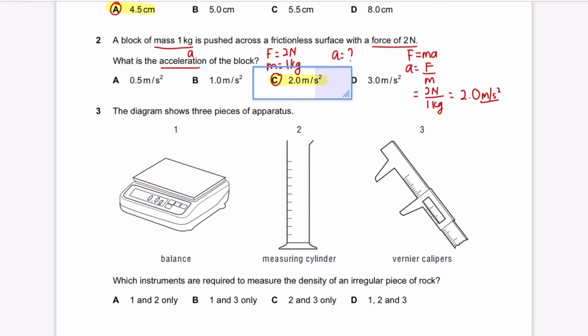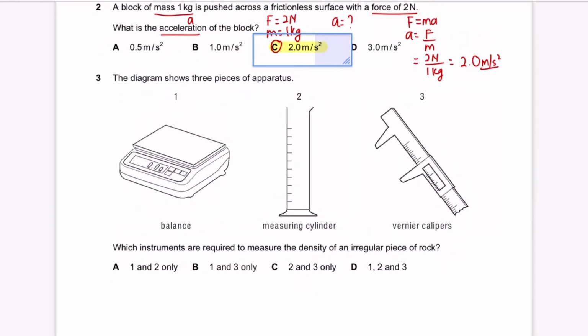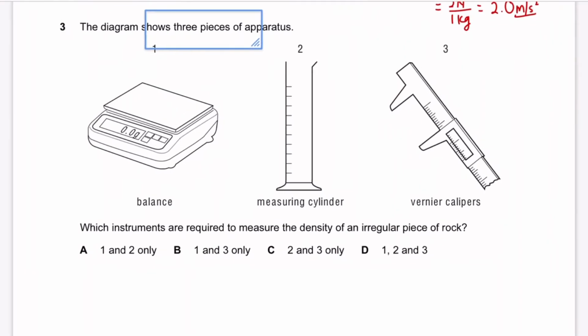Right, next, moving on to question 3. Question 3, the diagram shows 3 pieces of apparatus. Apparatus 1, balance, second one, measuring cylinder, and the third one, vernier calipers. Which instruments are required to measure the density of an irregular piece of rock?